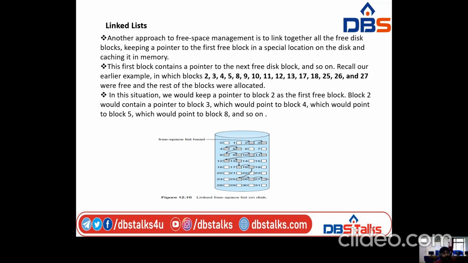Only the free blocks are represented; the remaining blocks are allocated. So block number 2, 3, 4, 5, 8, 9, 10, 11, 12, 13, all these blocks are free, and we keep these blocks in linked list manner.